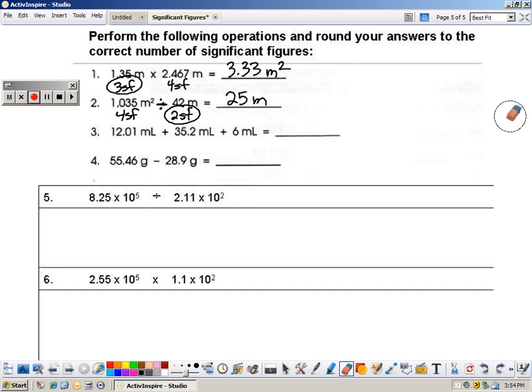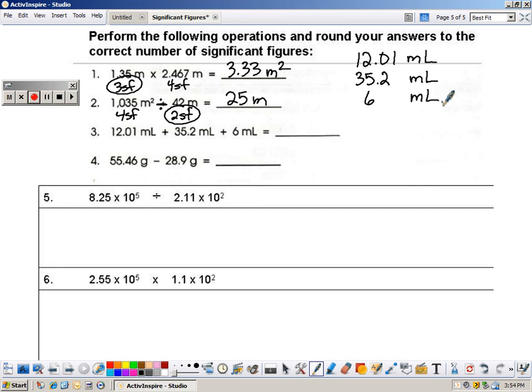Number 3, addition. Okay, so addition and subtraction have a slightly different rule. You have to round to the lowest number of places. So let's perform the operation for 3. 12.01 milliliters, 35.2 milliliters, and 6 milliliters.